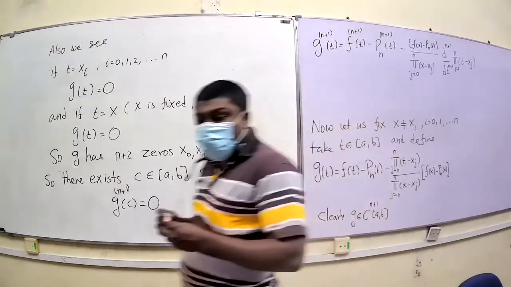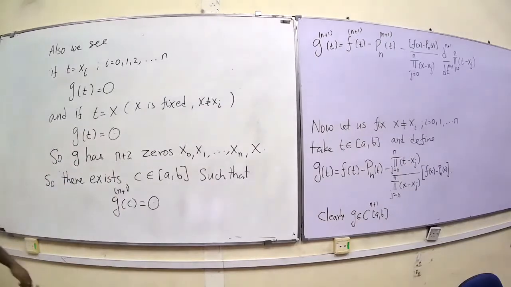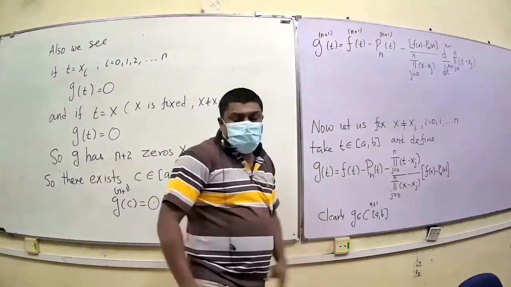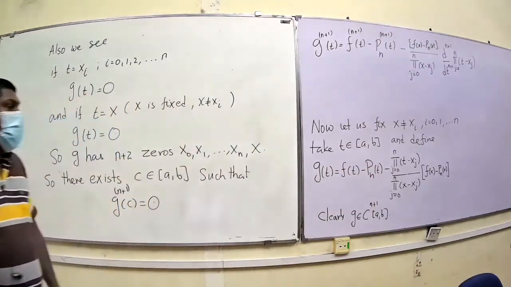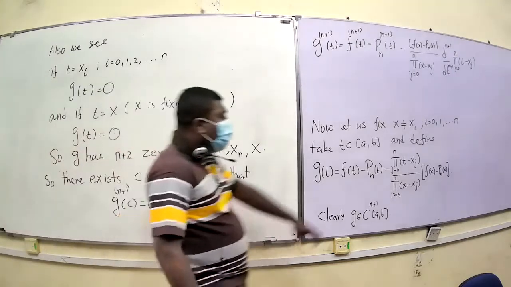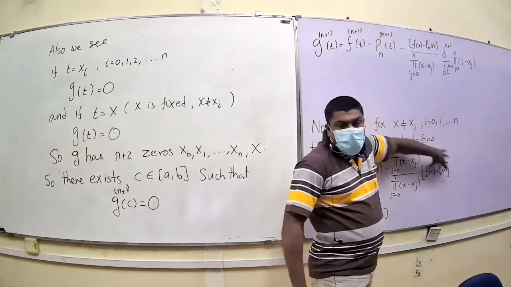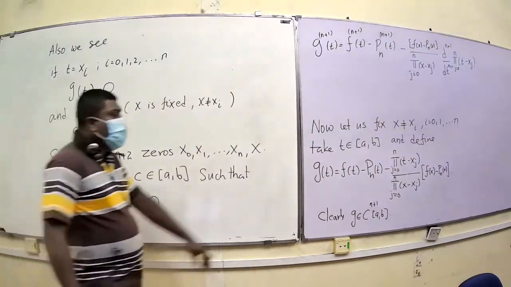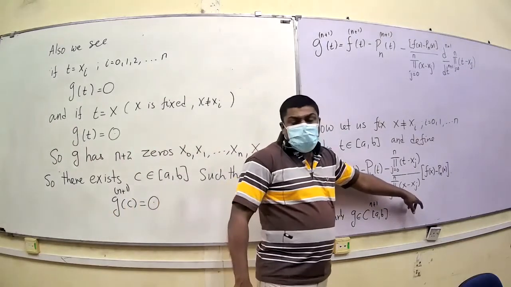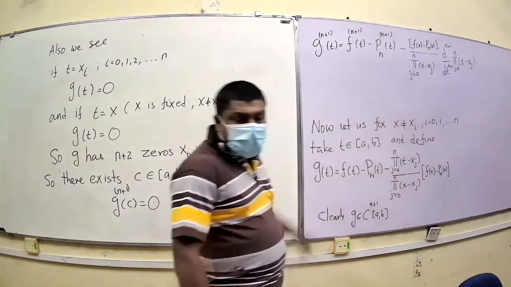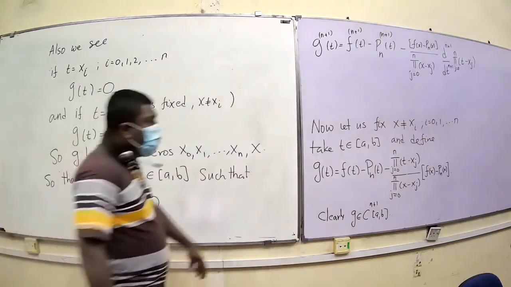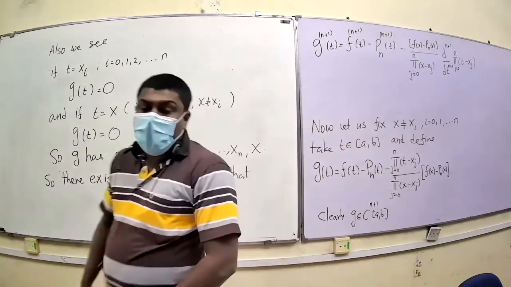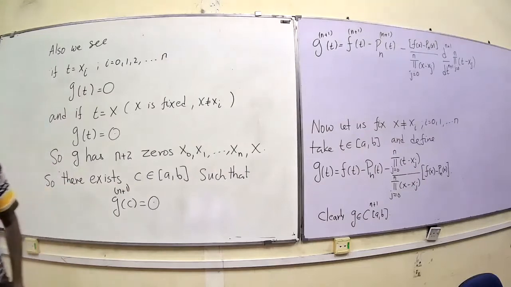So when you take the n plus first derivative of G, you take the n plus first derivative of f minus the n plus first derivative of this polynomial Pn. Now these are constants because x is fixed, so f(x) minus P(x) is a fixed number, so you can take it in front of the derivative. x minus xj is a fixed value, constant, so you can take that also outside the derivative. So the only function with t is this part, the numerator part. So you take the n plus first derivative of that function.